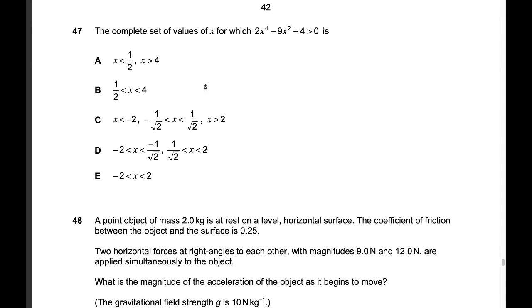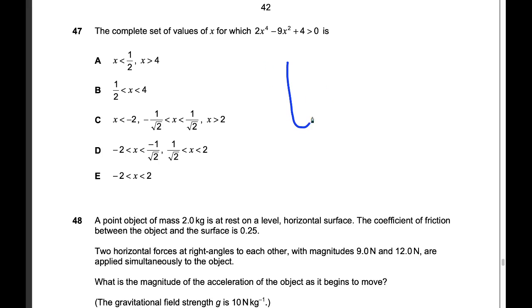The complete set of values for x for which this is greater than 0, okay, is. So this is a quartic equation, so we're going to need to solve this equation to find the roots. But all quartics, well, all positive quartics anyway, look something like this.